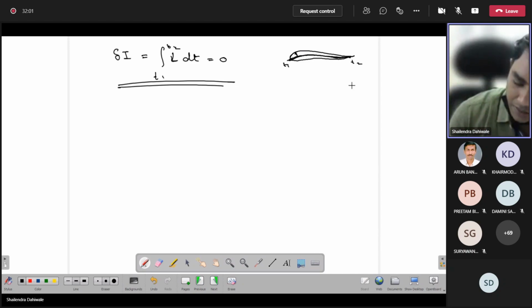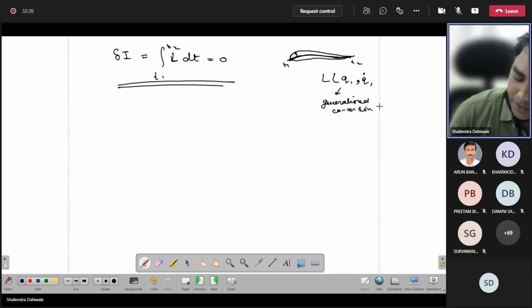So here L, as I said, the Lagrangian is a function of your generalized coordinates and generalized velocities. So you write the Lagrangian in this form, where these are your qi's, your generalized coordinates.